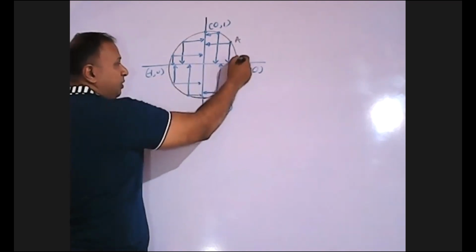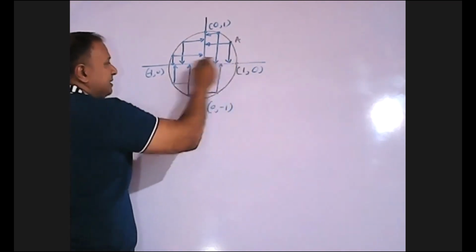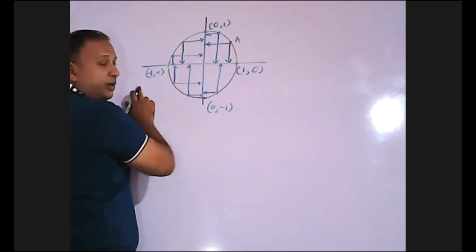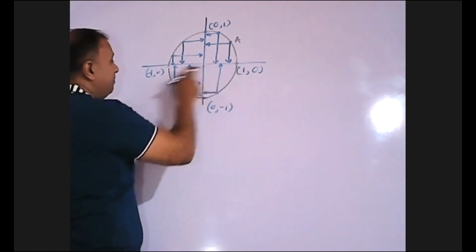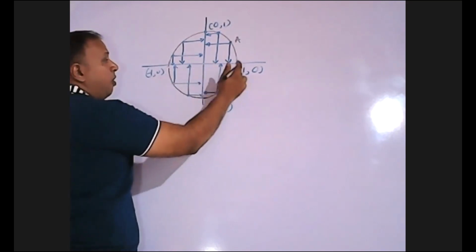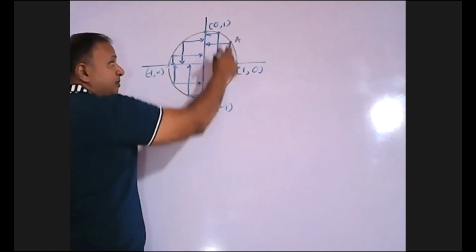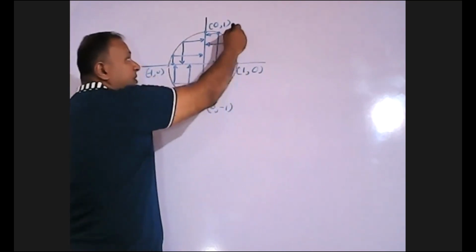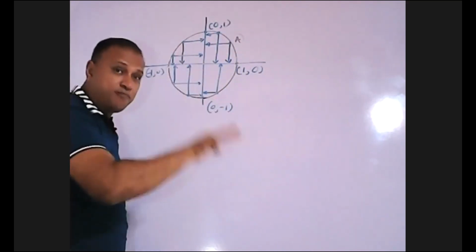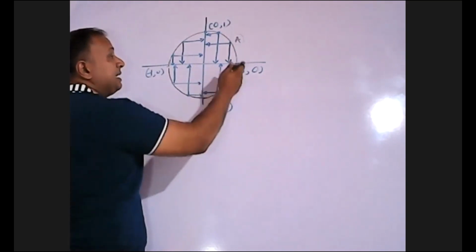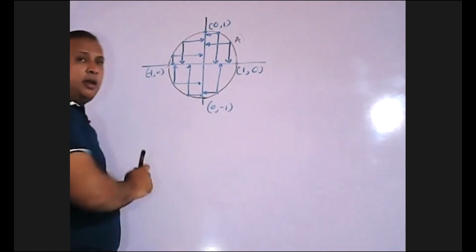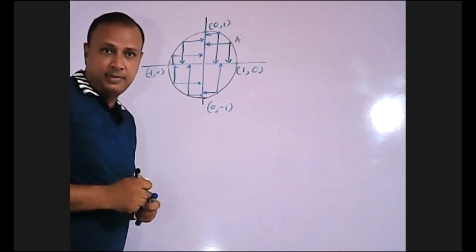Because the unit circle ends at these 2 points, point 1 and point minus 1. Therefore, the x value of any point on the unit circle cannot go beyond 1 or beyond minus 1.